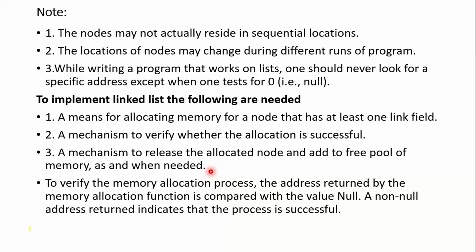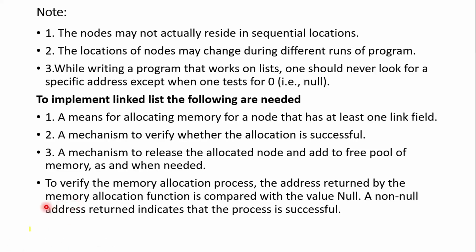If it is a non-null address, it indicates that the process is successful. If it indicates a null, then either it is the end or it is unable to allocate memory to that particular node. So again, we have to verify because of which situation it has returned the null.